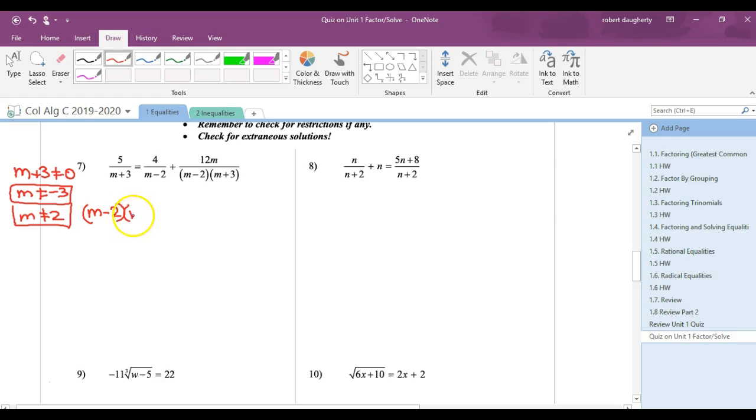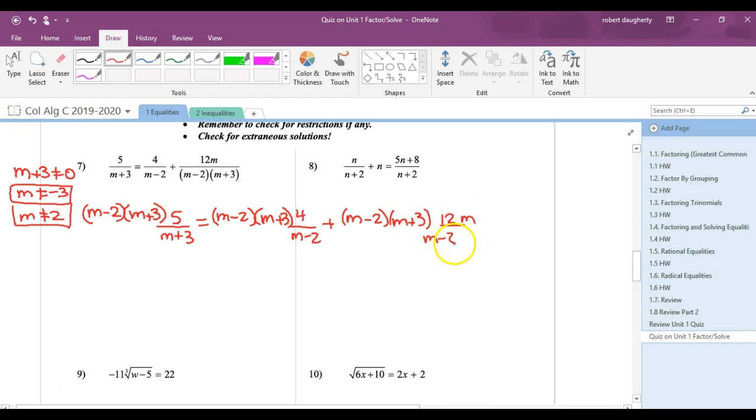M minus 2, m plus 3 gets multiplied by 5 over m plus 3 equal m minus 2, m plus 3 gets multiplied by 4 over m minus 2 plus m minus 2, m plus 3 gets multiplied by 12m over m minus 2, m plus 3.